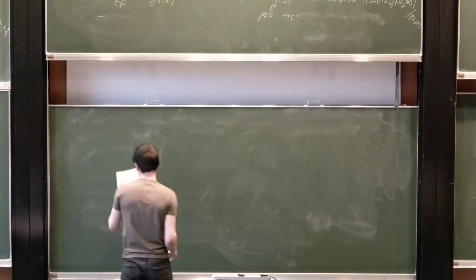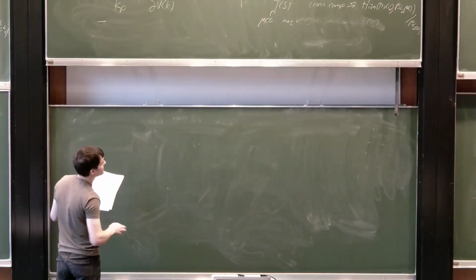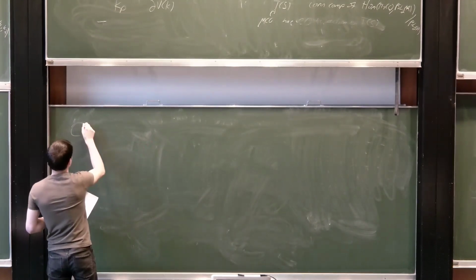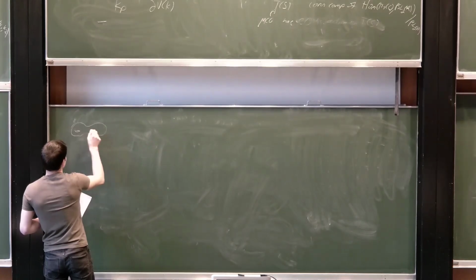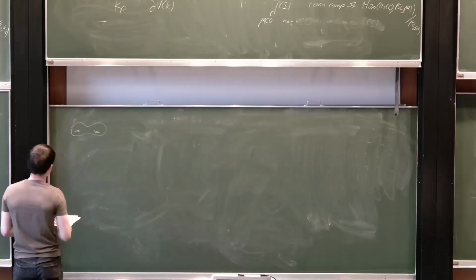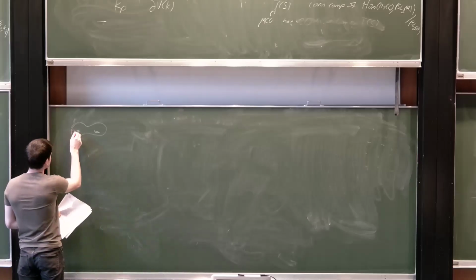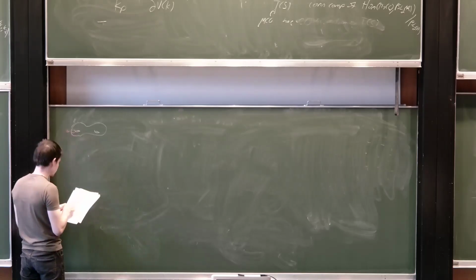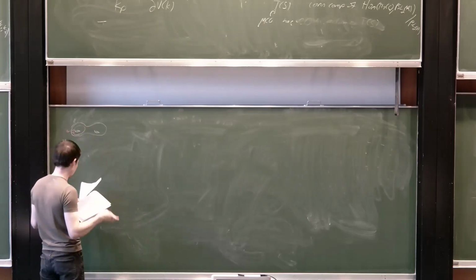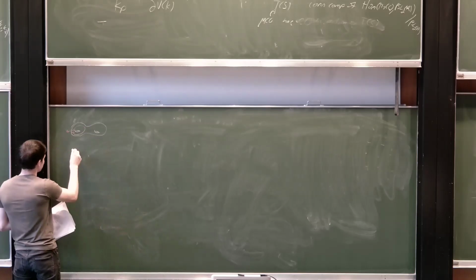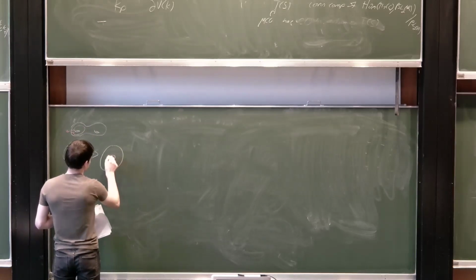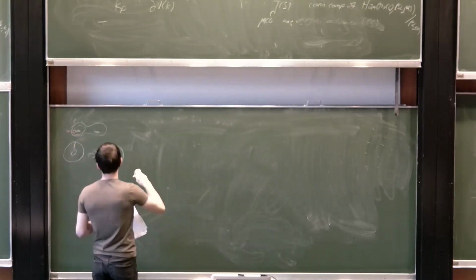But I guess the first step would be to understand what the Dehn twists that generate the mapping class group are. For a Dehn twist, you need some simple closed curve alpha on your surface, and you take some tubular neighborhood of the curve, you cut it out, and then on that tube, what it does is twist it around once.